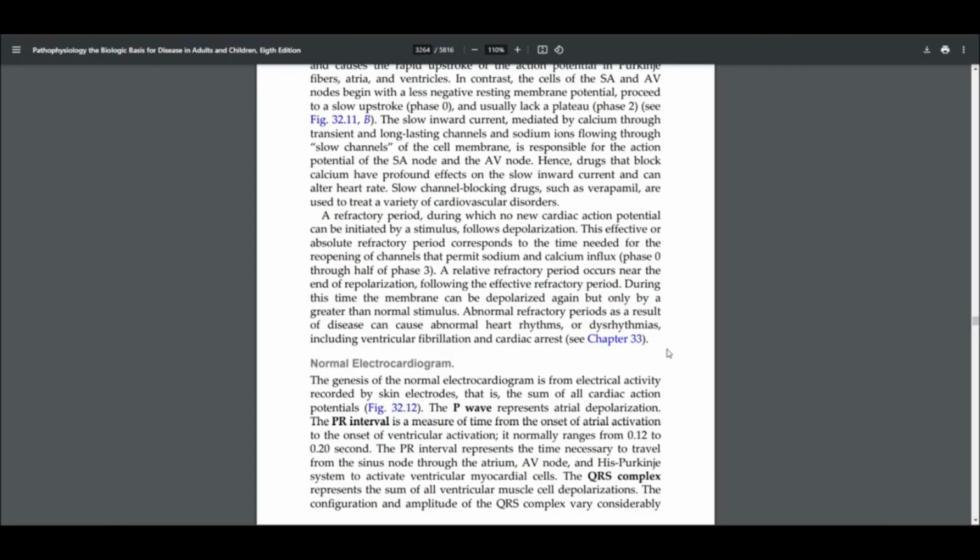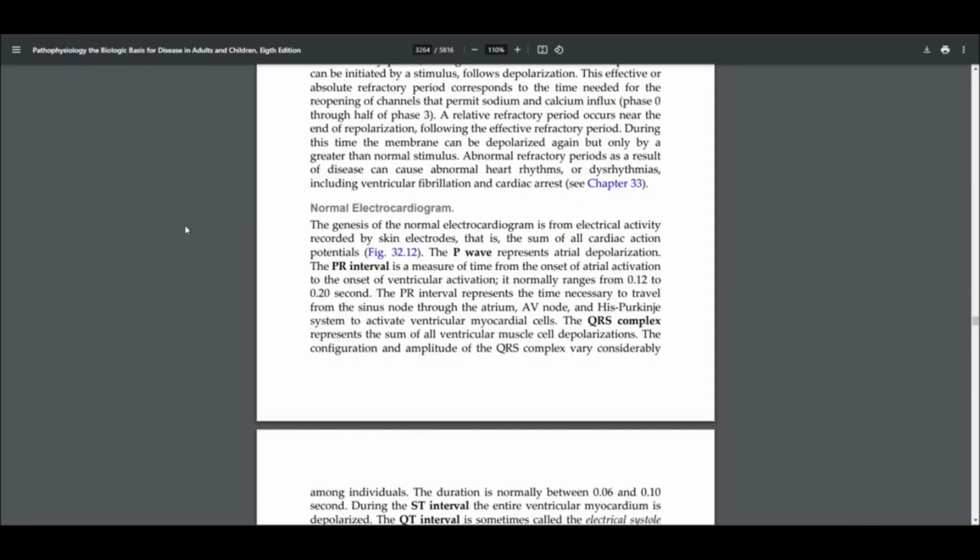During this time, the membrane can be depolarized again, but only by a greater than normal stimulus. Abnormal refractory periods as a result of disease can cause abnormal heart rhythms or dysrhythmias, including ventricular fibrillation and cardiac arrest.